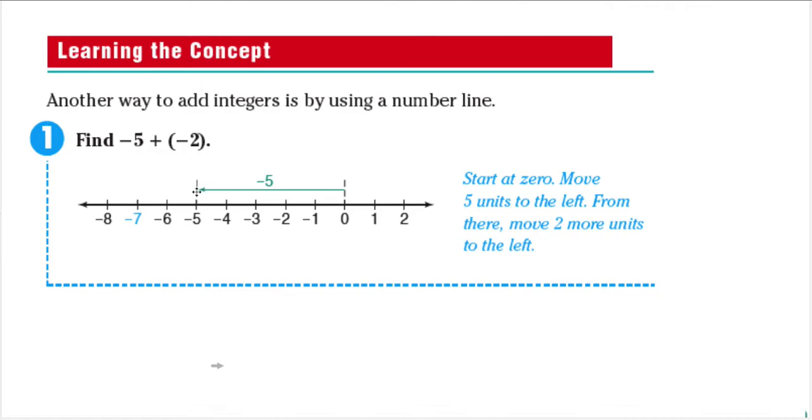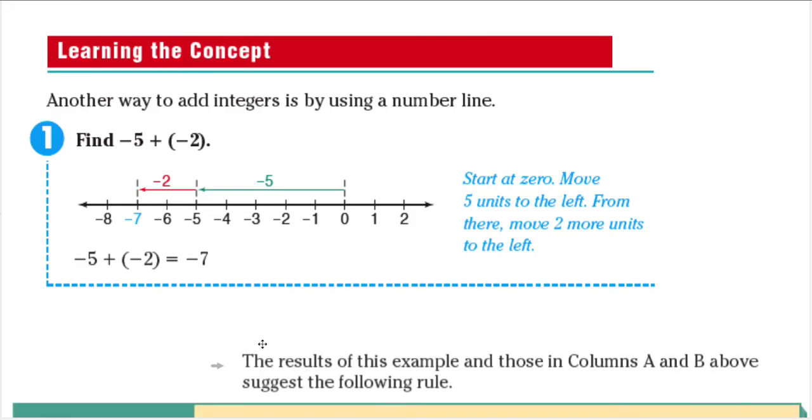So from negative 5, you're adding negative 2, 2 more units to the left, you'll end up with negative 7. So negative 5 plus negative 2 will give you negative 7.